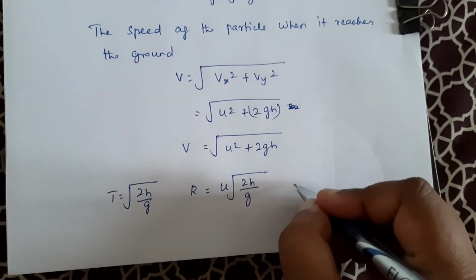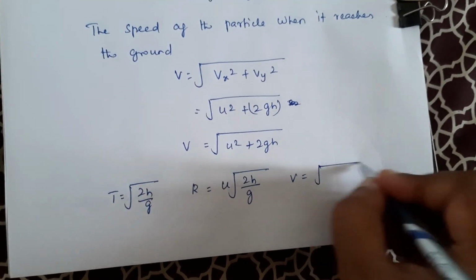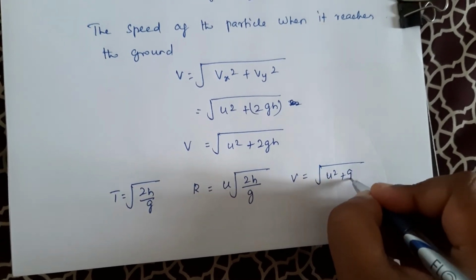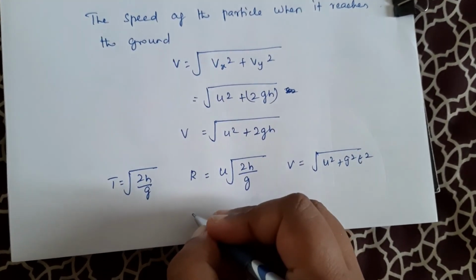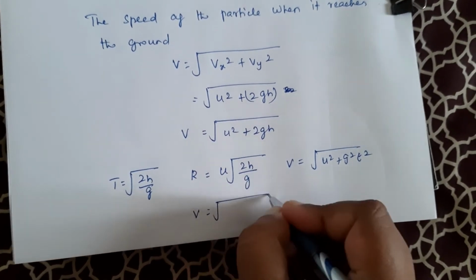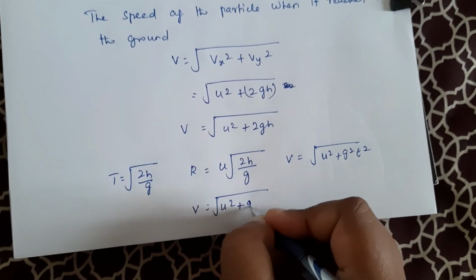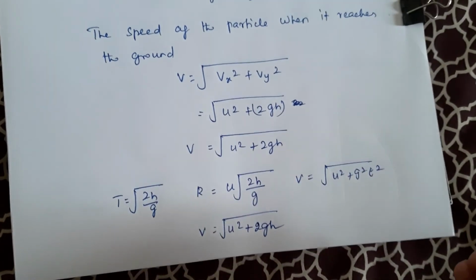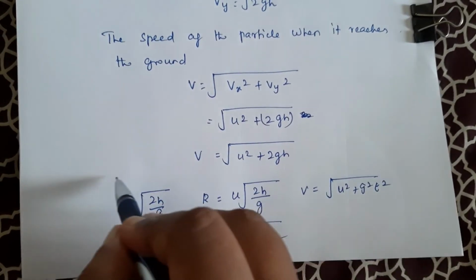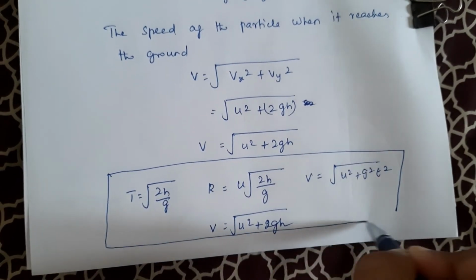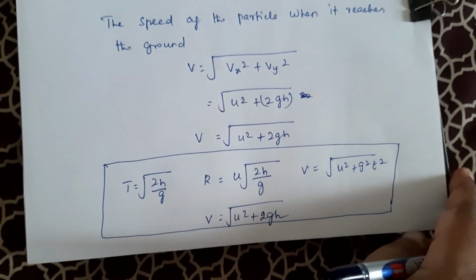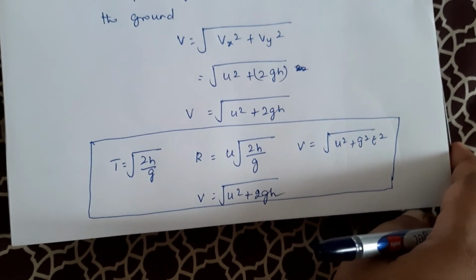The resultant velocity we got as v is equal to root of u square plus g square t square. And the velocity when it reaches the ground is v is equal to root of u square plus 2gh. So these are the things we have derived in projectile under horizontal projection.